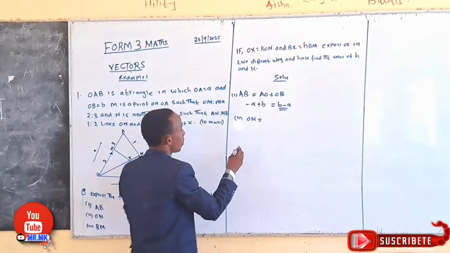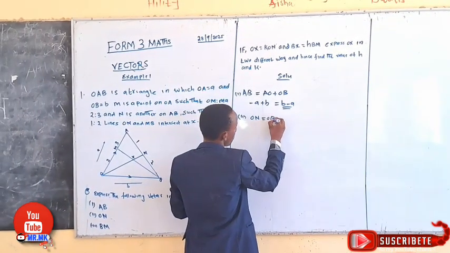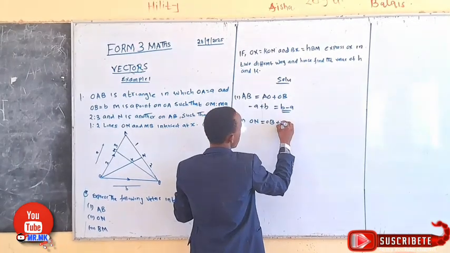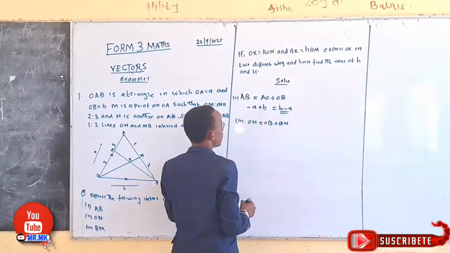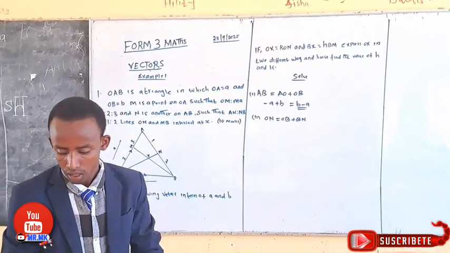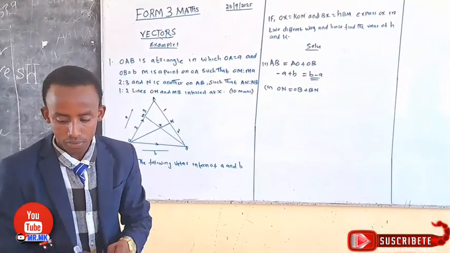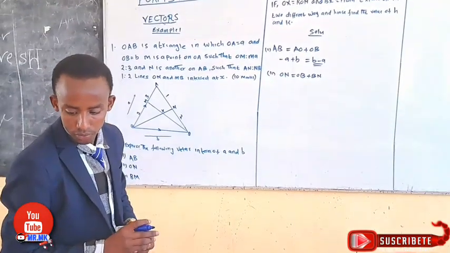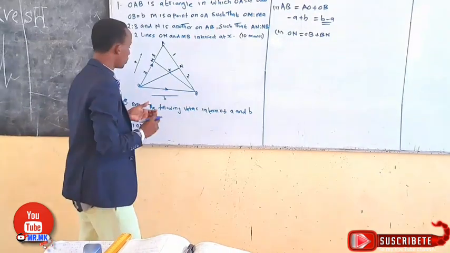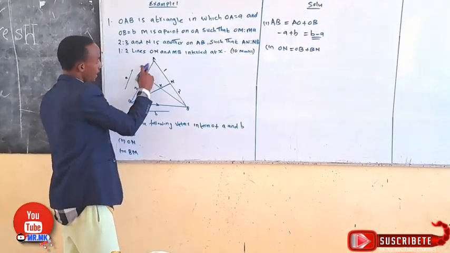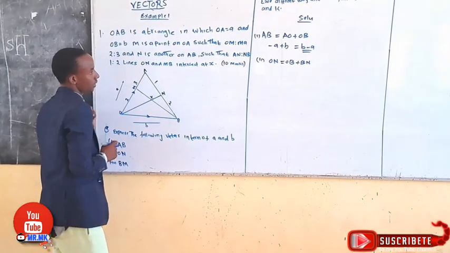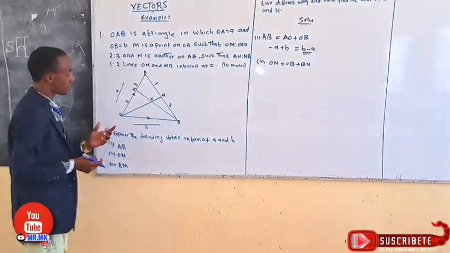OB plus BN. That is okay. I think you have to use it that way. You can use either OA to AN or OB to BN; either of the two routes is accepted.